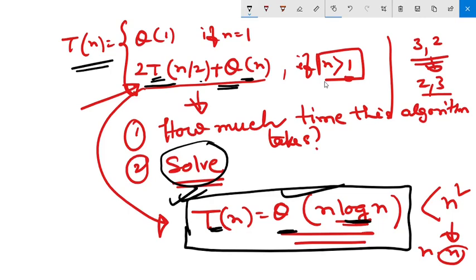Now I'm going to tell you in how many ways you can actually solve the recurrence. The recurrence can be represented in terms of theta or big O bounds, sometimes omega also.